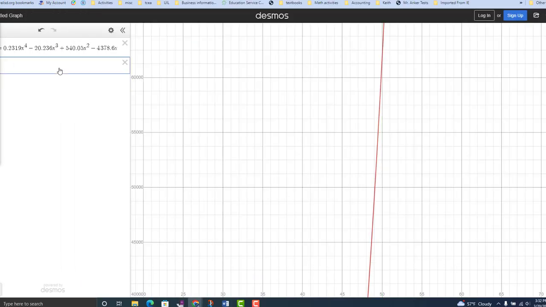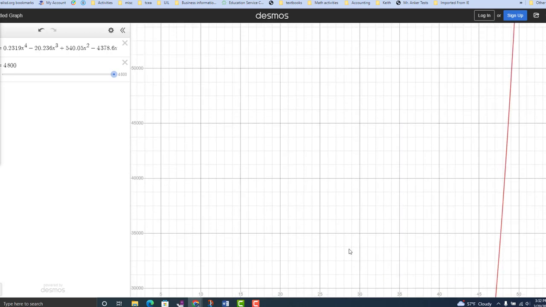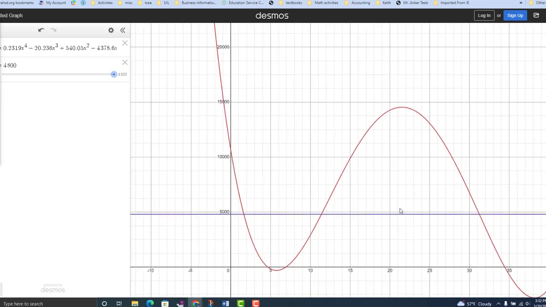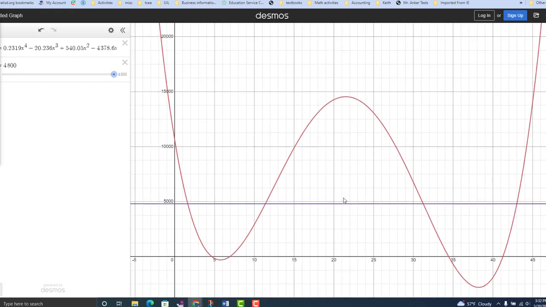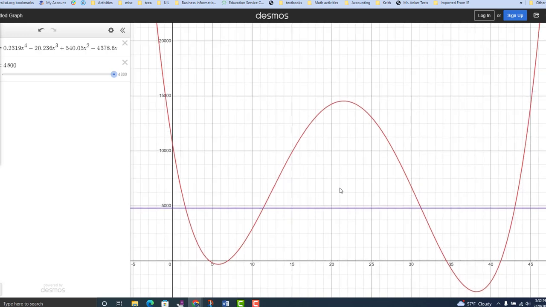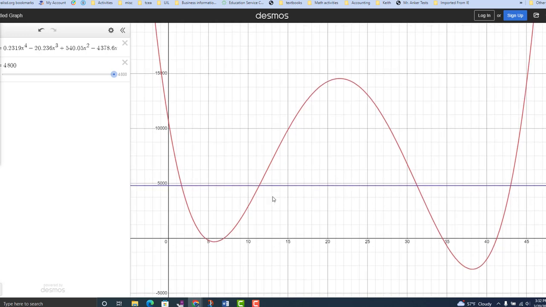Easiest way is to graph the intersection of y equals 4,800. Let me get back to where I'm in a good setting. And then find each of these intersections. So why don't y'all find those intersections?